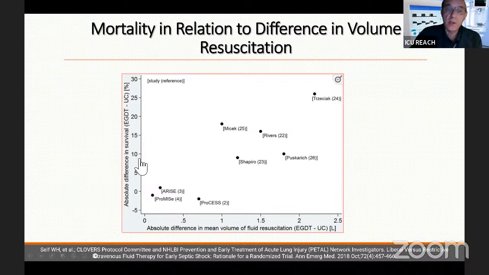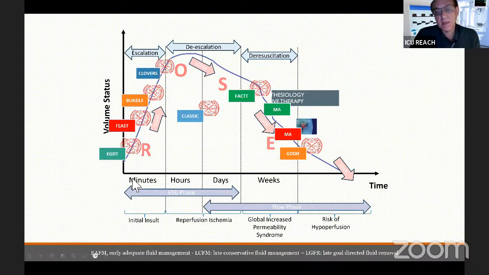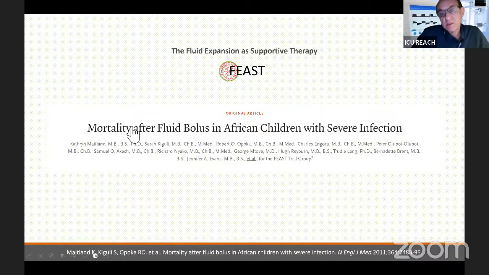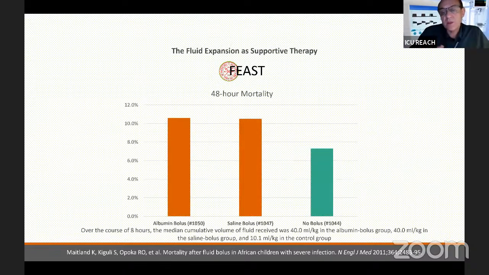All right, so the early goal-directed therapy indicated that in the resuscitative phase, giving those patients adequate fluid would be beneficial. Okay, so if we go to the FEAST study, it is a unique study that was done in children in Africa, but it was also replicated in Tanzania in adults. For those patients, they were divided actually into three groups.